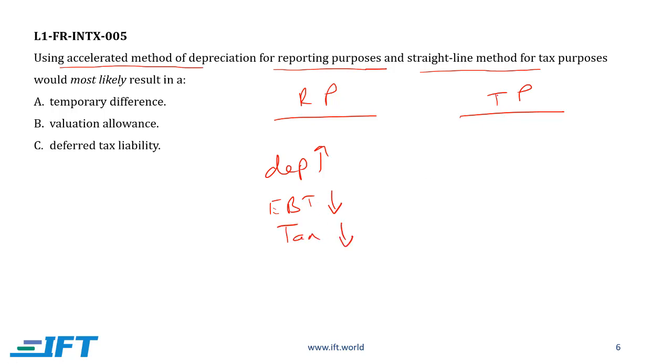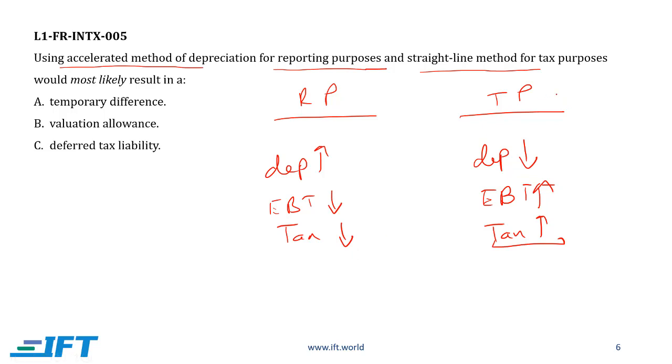In your tax book, we are using what? Straight line method. So your depreciation relative to your accelerated would be lower. Your EBT would be higher. And your taxes again would be higher. So if you are paying more taxes, then deferred tax asset is generated or deferred tax liability? Deferred tax asset.